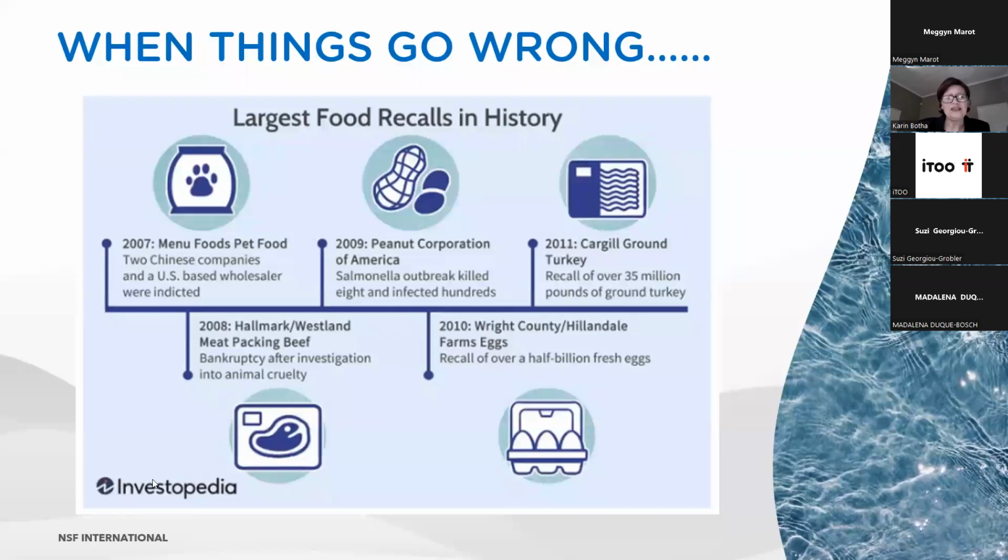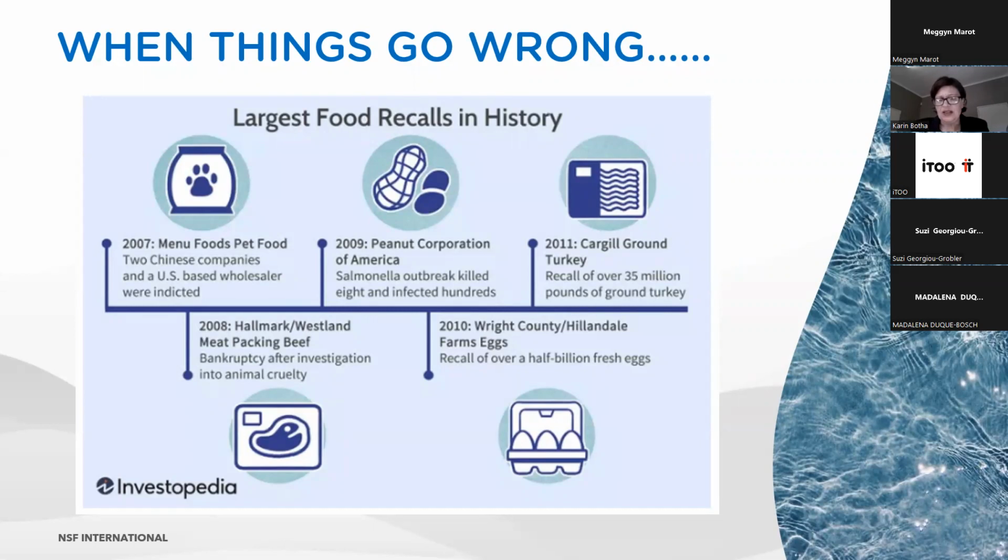In 2007, a pet food company was indicted because of very high levels of minerals in their product. In 2009, Peanut Corporation of America had salmonella in their product. They tried to retest and do a few things, and some of the management staff actually went to jail.